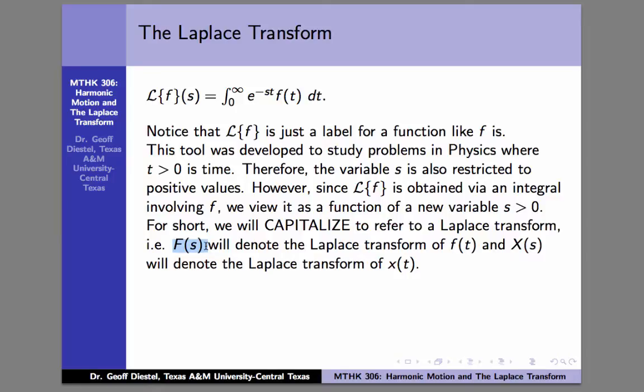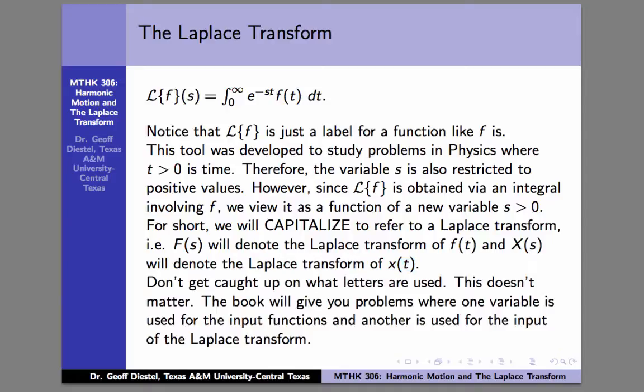So capital F of s is the Laplace transform of some function, lowercase f of t, and capital X of s would be the Laplace transform of some function of time, lowercase x of t. Just so when we see that uppercase letter, we know, oh, this is the Laplace transform of some function that I'm looking for. And then we will have to invert the process to find the function that we're looking for.